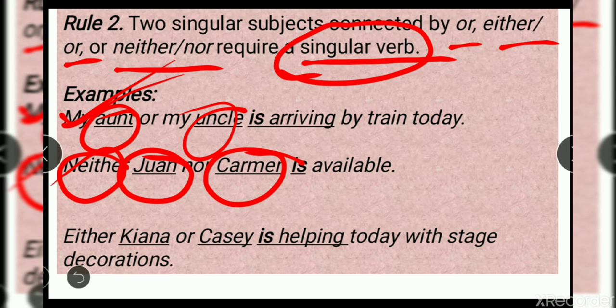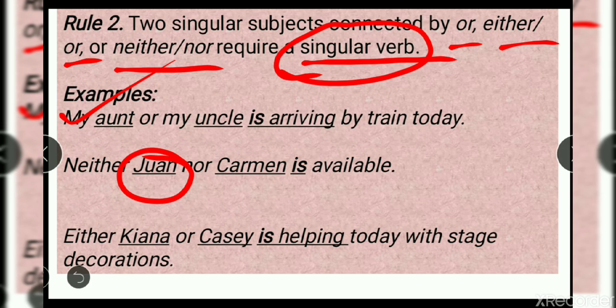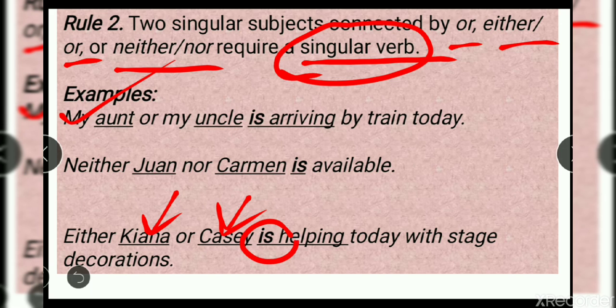So we are talking either about aunt or about uncle. So we have used here is. Let's come to the last example. Either Kiana or Casey is helping today with the stage decorations. Either of them, either Kiana or Casey. That is why we are talking about one person, so we have used here is.